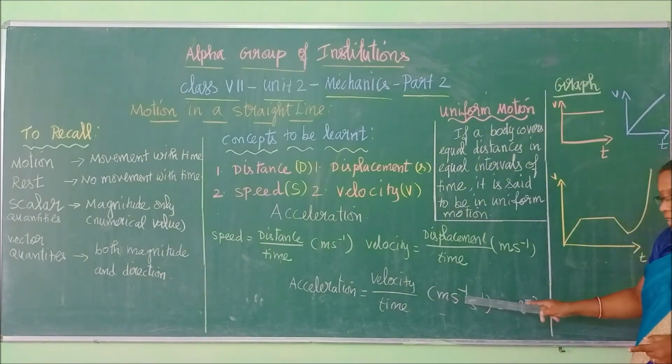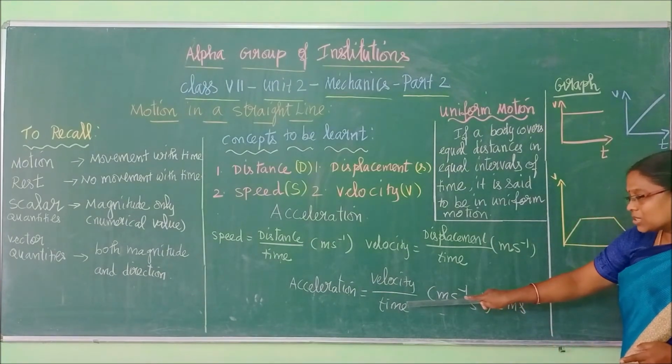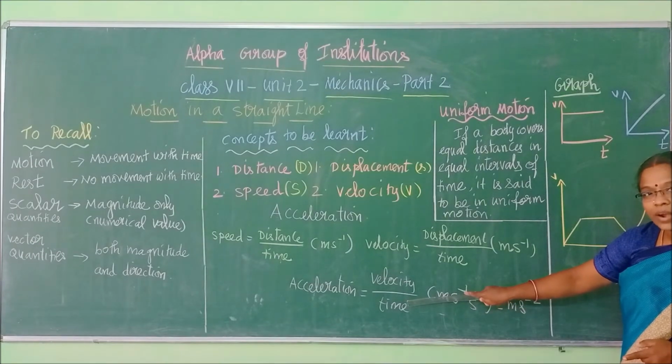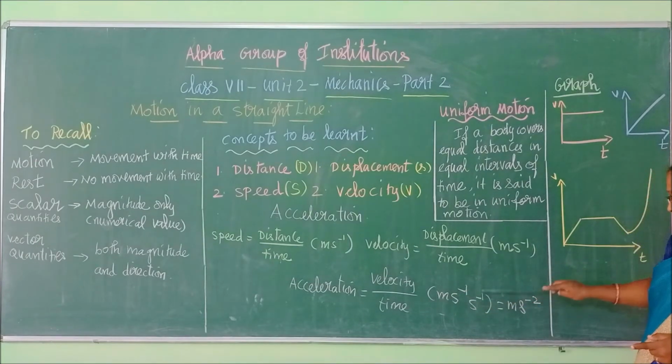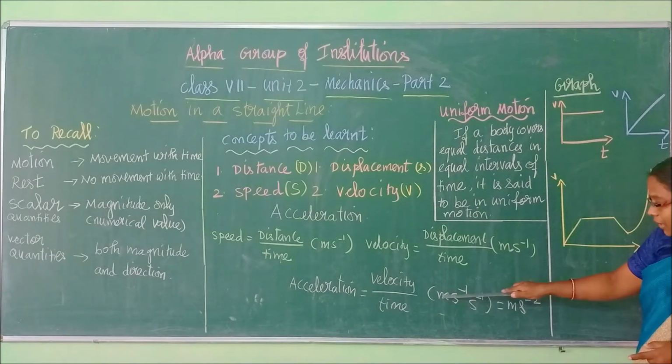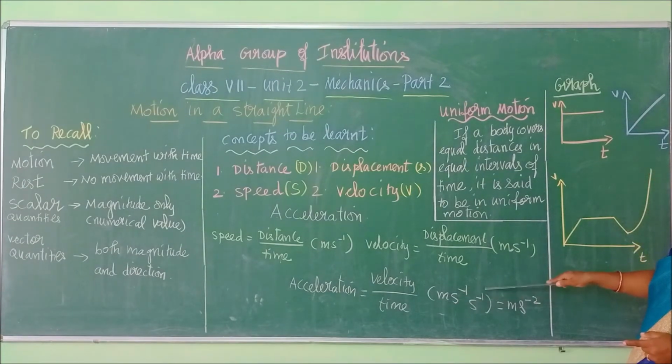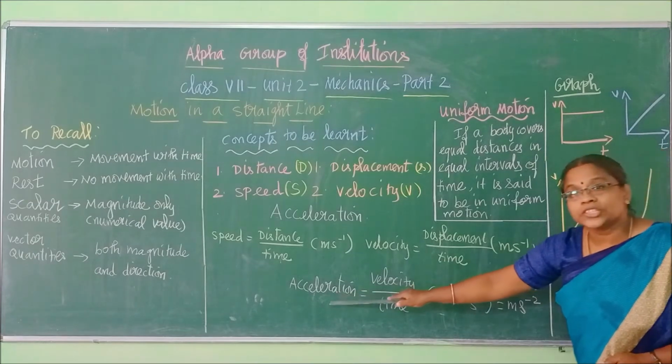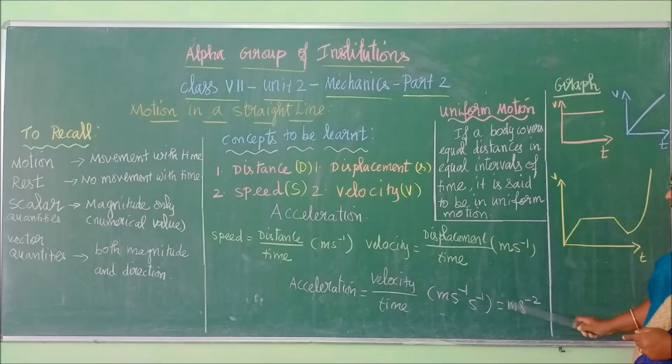Already time is there, that will have s power 1. Then it goes up, s power minus 1. So meter s power minus 1, s power minus 1. So minus 1 plus minus 1 you will get minus 2. So that's why acceleration's unit is meter per second square.